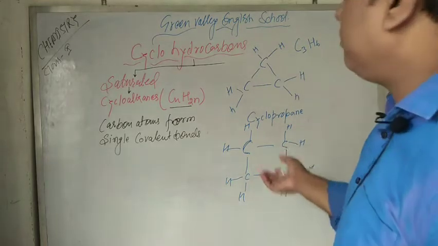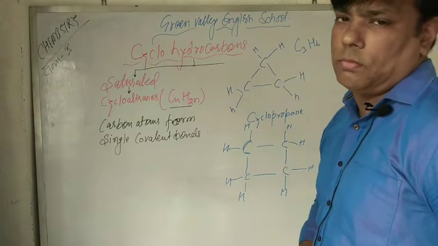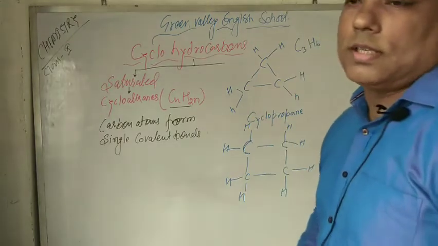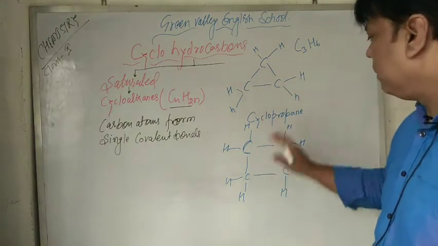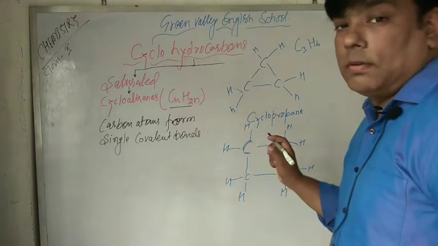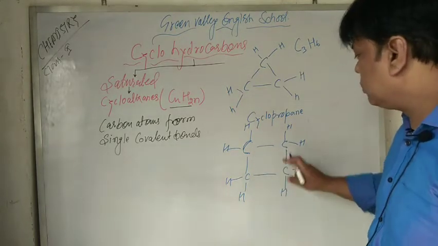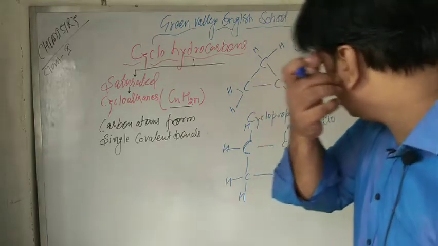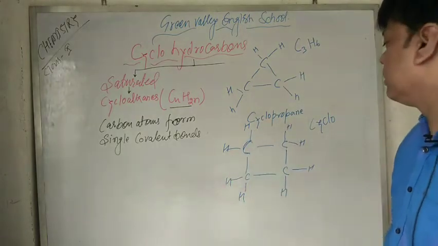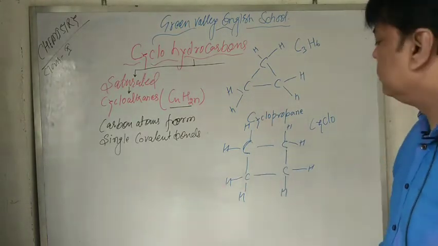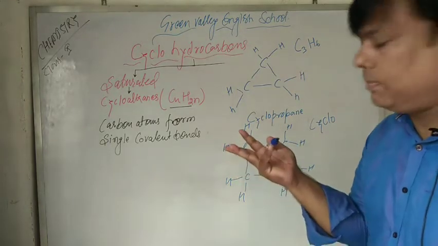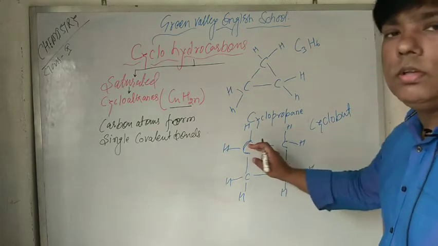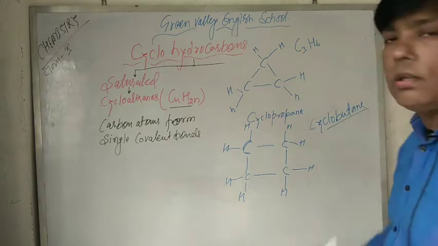There is no need to remember this formula. You can simply draw the structure of that cyclohydrocarbon. So what is the name? First use the cyclo word for a cyclic compound, that is, a ring forming compound. 4 means meth, eth, prop, but. That is but. And for a single bond, it's ane. So the name is cyclobutane.